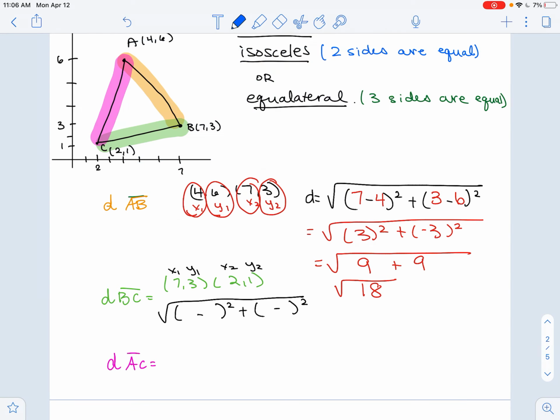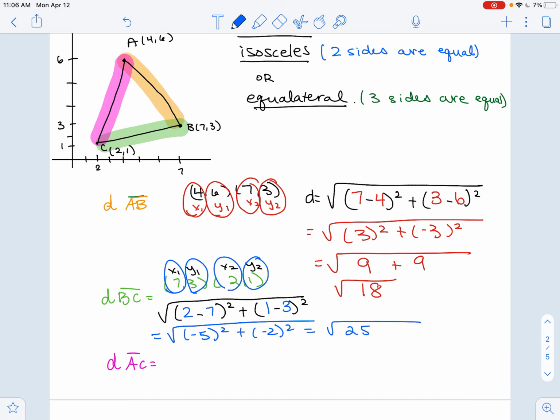And I know it's going to go X2 minus X1 squared plus Y2 minus Y1. And there we've got -5 squared plus -2 squared, which is 25 plus 4. So that's the root of 29.